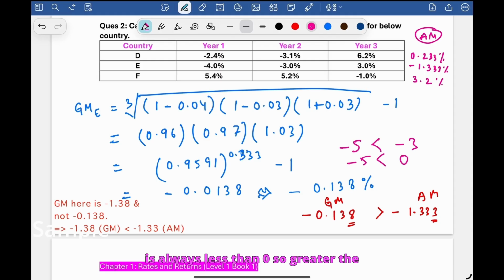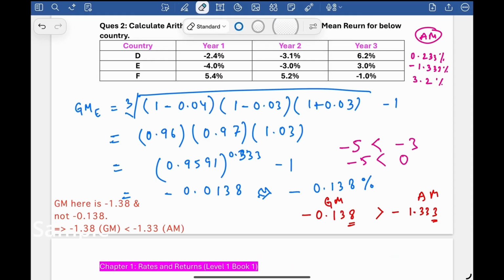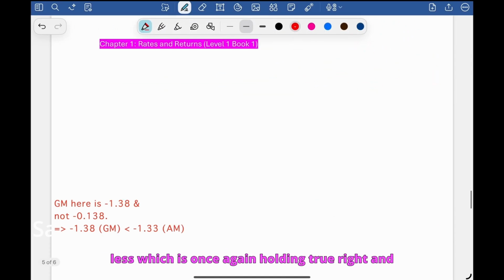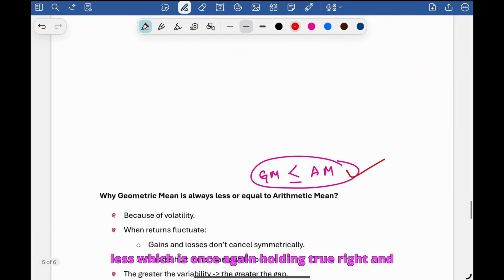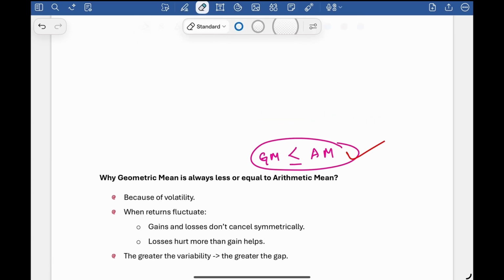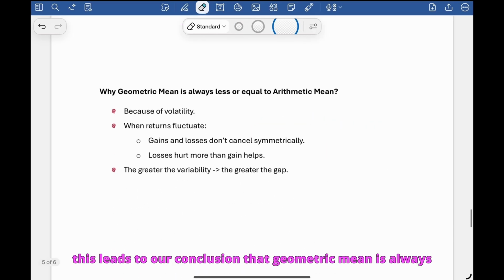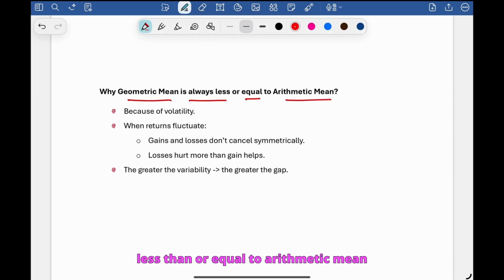So the greater the value in minus, the lesser it is. So this should be less, which is once again holding true. This leads to our conclusion that the geometric mean is always less than or equal to the arithmetic mean.